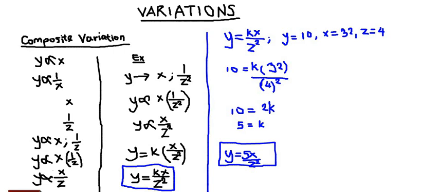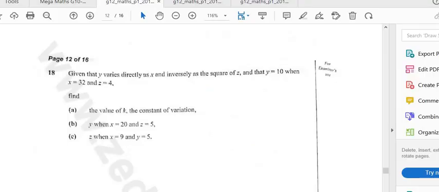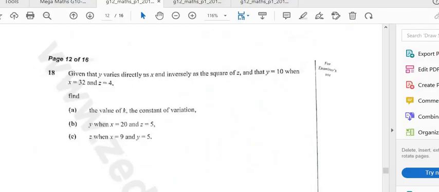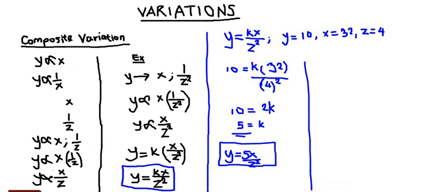So we can use this equation to solve for the remaining part of the question, which says, of course, part A, the value of k. So we have solved and we have found the value of k, which is 5. Then to find the value of y when x is 20 and z is 5.